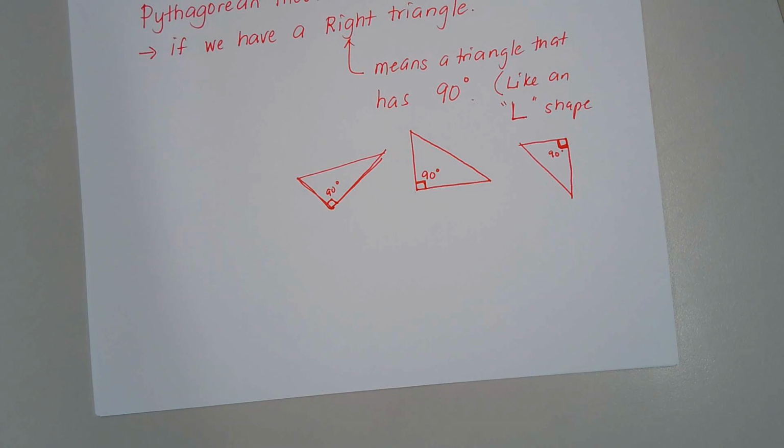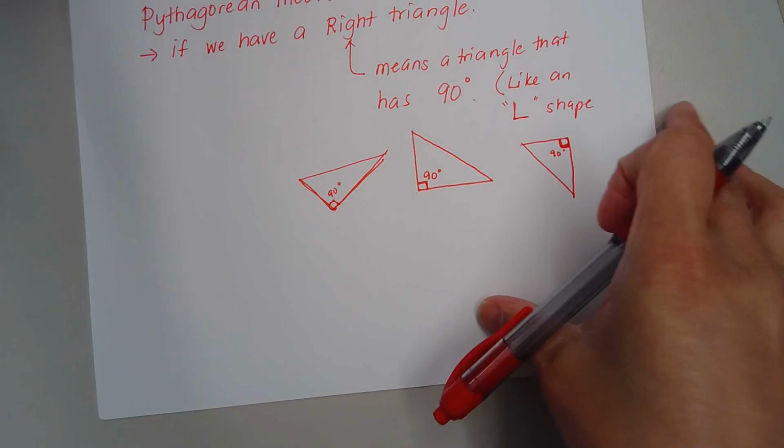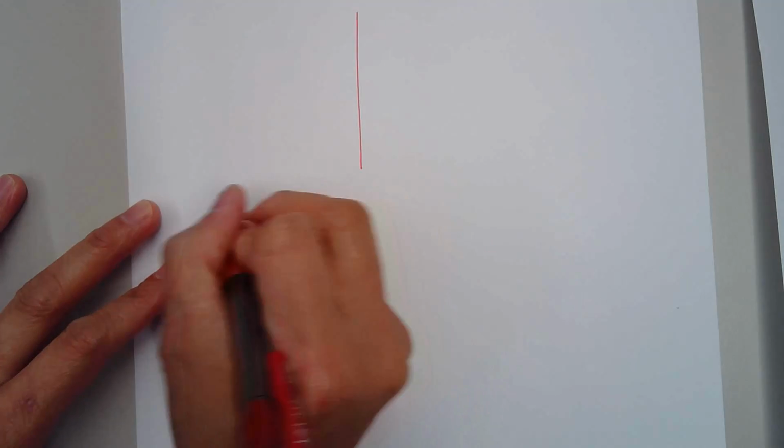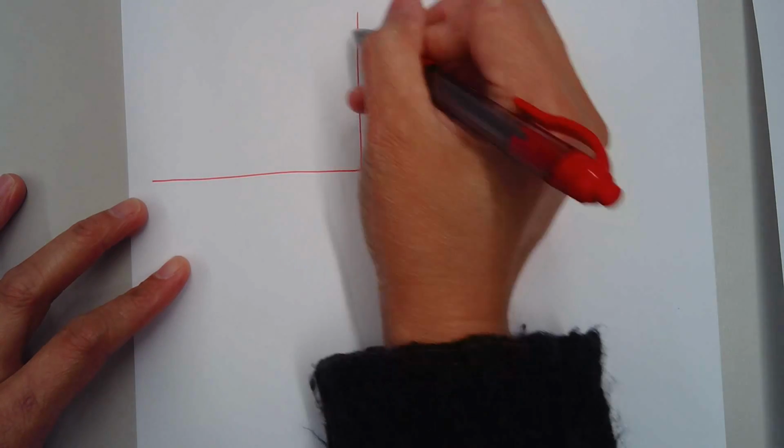Which one do you think is the longest? You think C. Some people say C. Okay, C sounds good, but I don't know yet. I don't know if it's the longest. So how do you think I could prove or see that it's the longest?